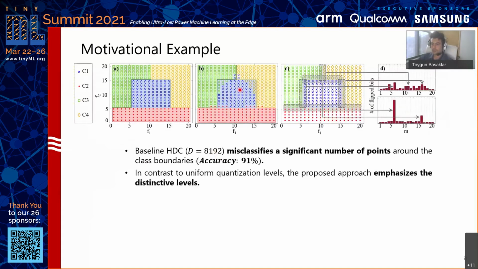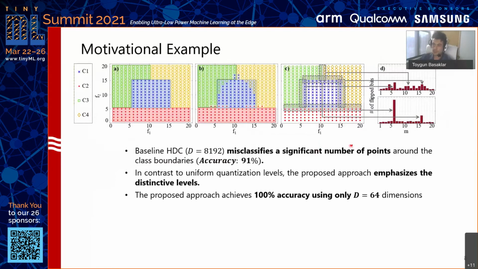In contrast to uniform quantization levels, our proposed approach emphasizes the distinctive levels, and as you can see from this figure D, it allocates a higher number of bits to level 6 here, the distinctive level, and level 16 here. As a result, it achieves 100% accuracy using only 64 dimensions.